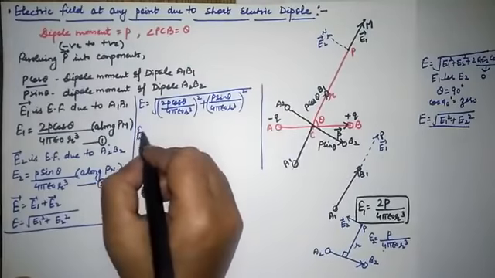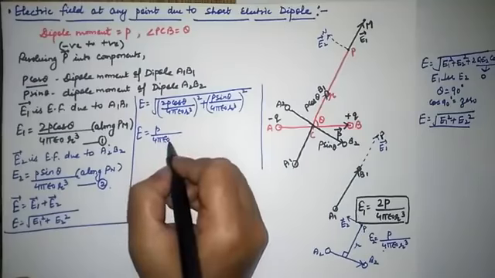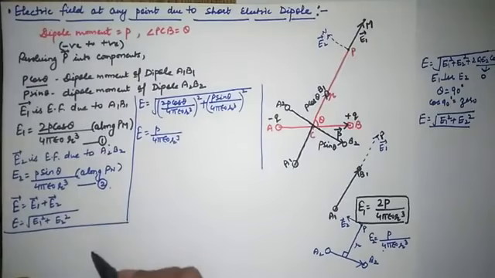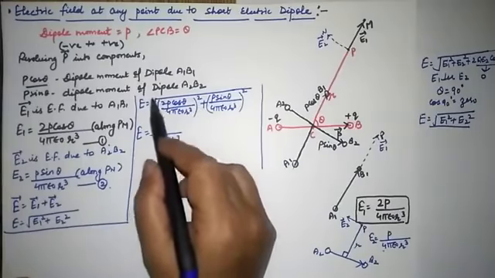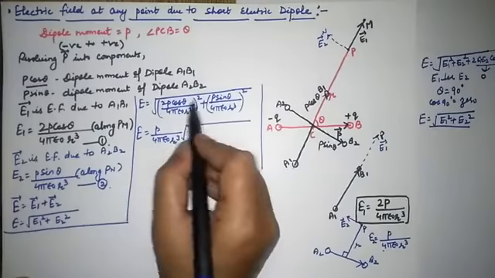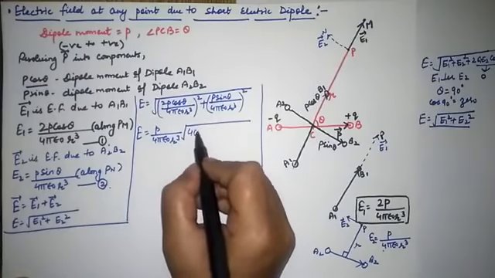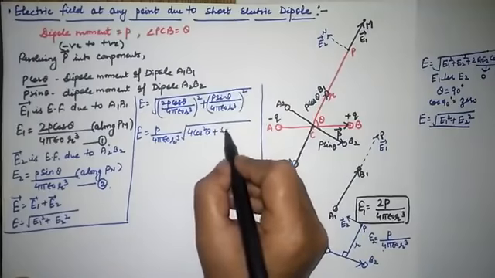Okay. Now p upon 4 pi epsilon naught r cube is taken outside and it is common, and here we have square. This square root and square will be cancelled out. In the square root we have (2 cos theta) whole square, that is 4 cos square theta, and in this term sin square theta is left.